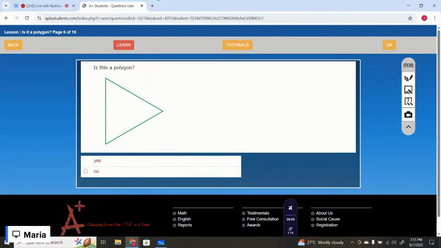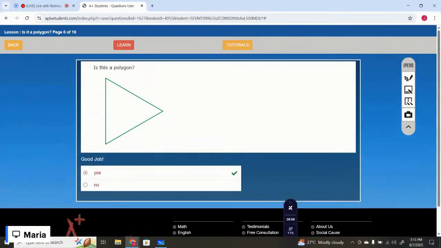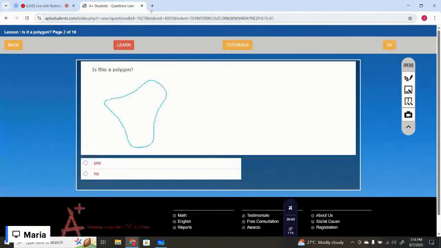Yes, it is a polygon. Option number one is the correct option. Is this a polygon? No, that is not a polygon.